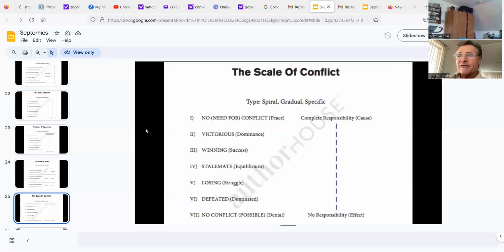But on level 7, it's no conflict possible, and on level 1, it's no need for conflict. So you want to make sure you don't confuse this. Just because a person has no conflict doesn't tell you whether it's 1 or 7. If a person is at peace, that's level 1. If a person is in denial, that's level 7.